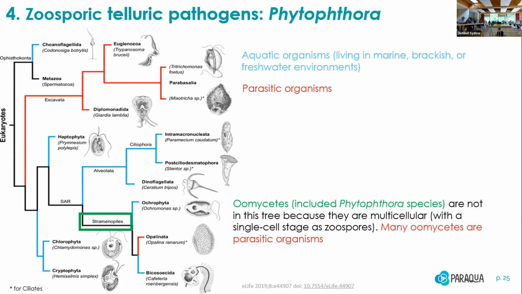What I'm interested in are zoosporic parasitic organisms, which in the case of Phytophthora can be grouped under the Stramenopiles domain. In this case, we cannot see Phytophthora because it is characterized by a multicellular stage and a unicellular stage, so it's not appearing in the graph. And if I say something wrong, you will correct me.